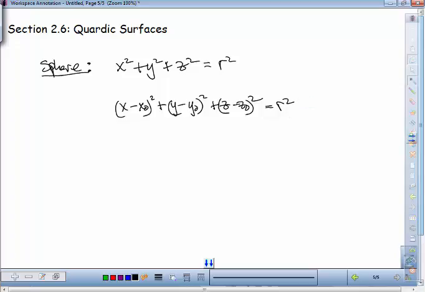So this is also a sphere, but the center is not 0, 0, 0. Okay?